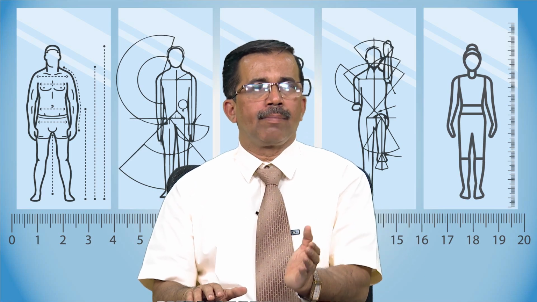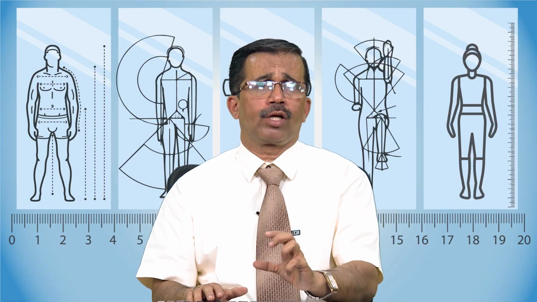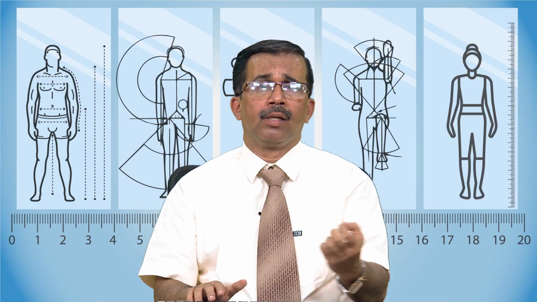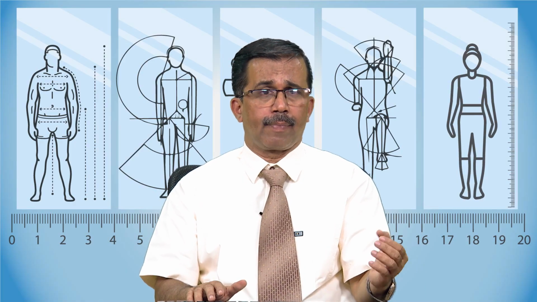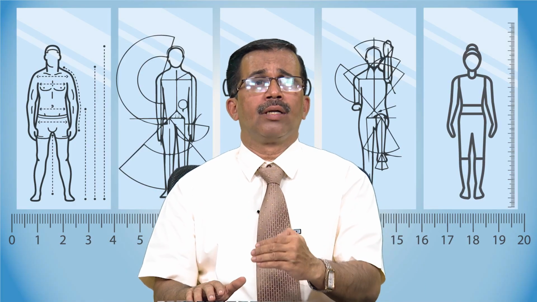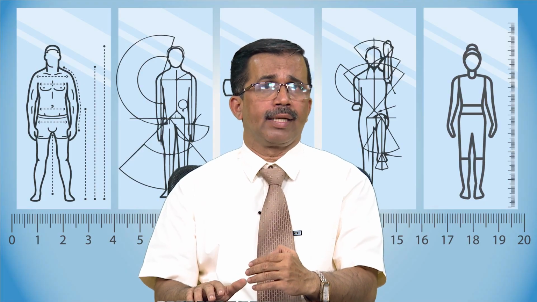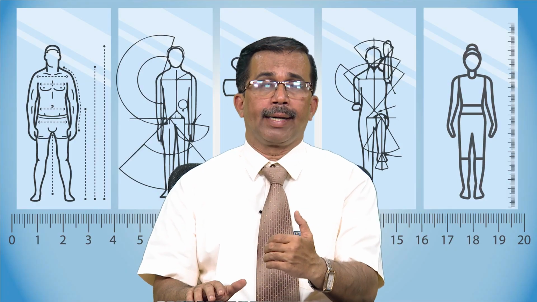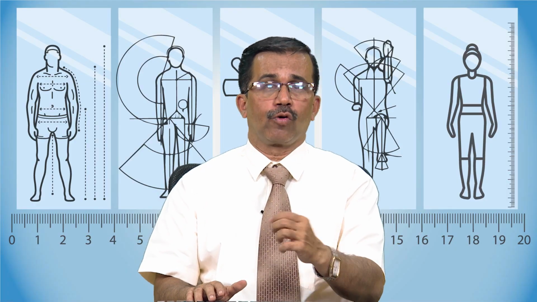Then we saw the BMI for age. We have seen what BMI means and how it helps, in addition to weight for age and height for age, and what the advantages of calculating BMI are compared to height for age or weight for age.